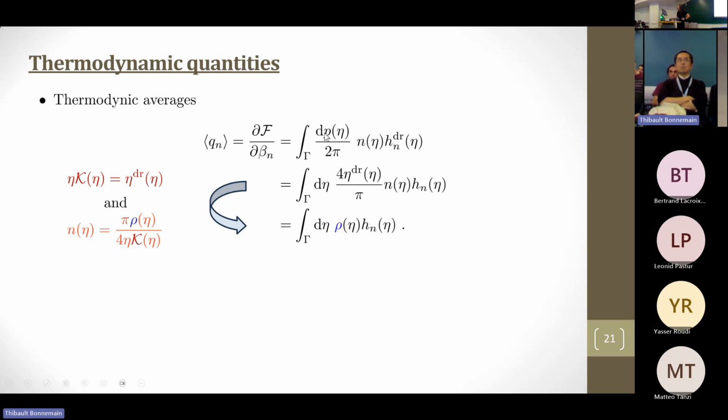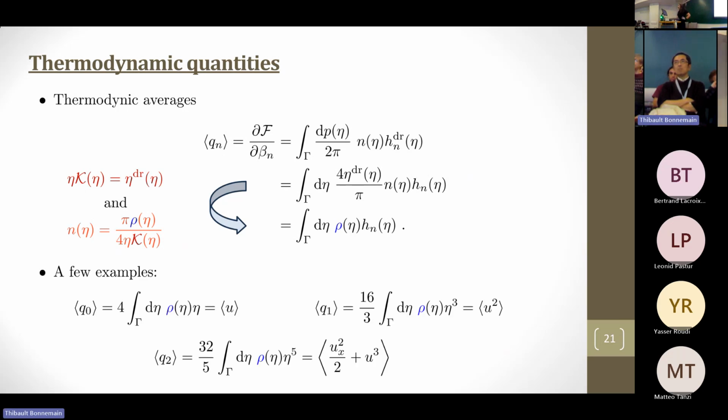I put the dressing on the P prime here, and then using the previous identities I showed you, I finally end up with the fact that the ensemble average of the charge density is just the charge carried by a single soliton integrated over the density of states. So this is a very natural result, and this may seem to be a rather roundabout way of obtaining a result we already knew about, right? But at the same time, we also make sure that things were consistent.